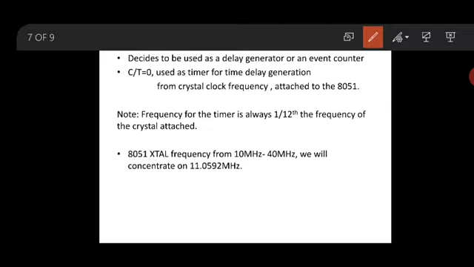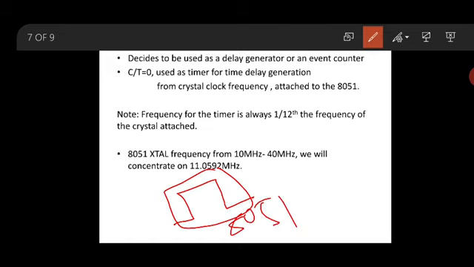Now this is my 8051 clock, the crystal frequency. We can't change this crystal frequency because it is a fixed device installed in the 8051, so it gives a constant frequency.